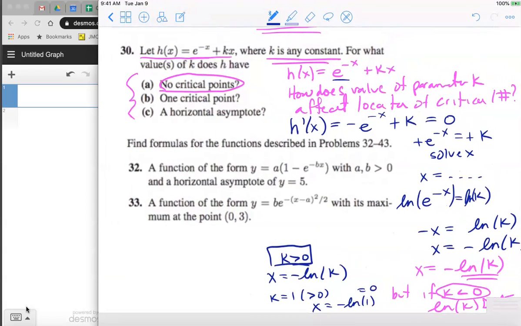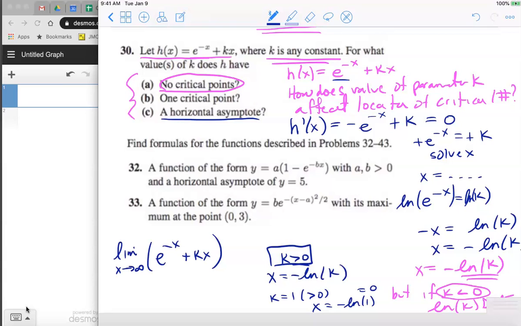And then the next thing to ask is, when does the function have a horizontal asymptote? In other words, as x gets really big, the limit as x goes to infinity, what happens? Can this function ever have a horizontal asymptote?